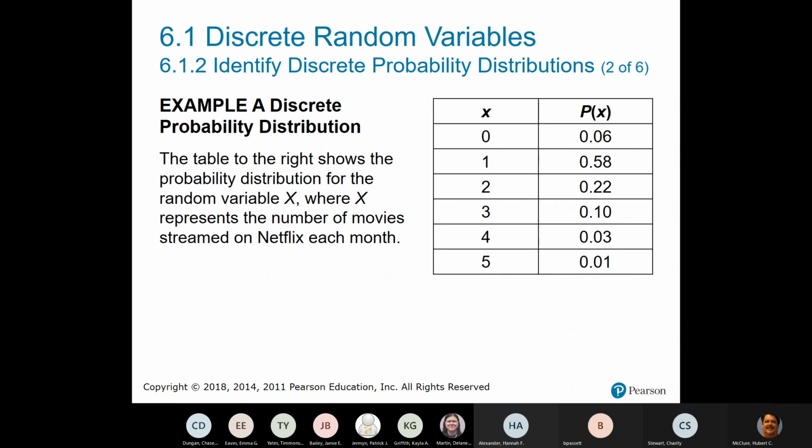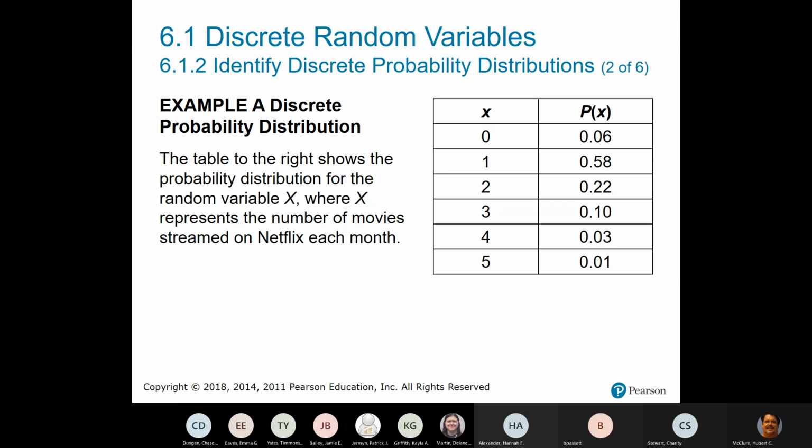The second test is that each probability has to be between 0 and 1. Whether it's a fraction or a decimal, it has to be between 0 and 1. So if you have a whole number other than 1, or if you have a negative number in the probability side, it cannot be a probability distribution. That should have been enough time for you to write down that probability distribution.